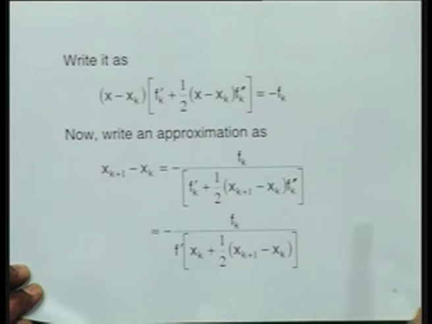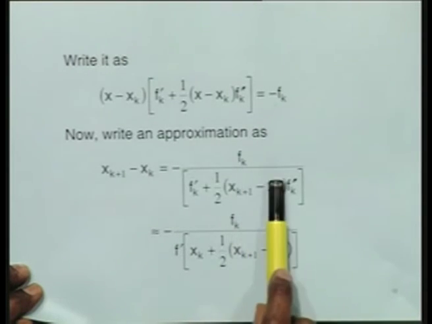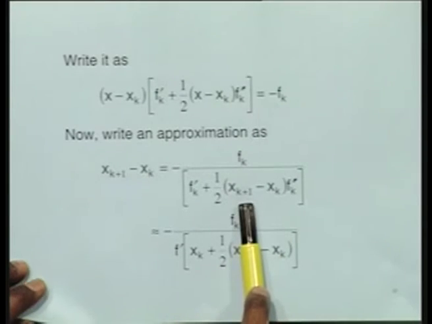Now, as we have done in the Chebyshev method, we had xk plus 1 minus xk on the right hand side. There we approximated it by the Newton-Raphson method, and the method retained the order of 3. Same thing we shall do: we approximate xk plus 1 minus xk by the Newton-Raphson method, that is minus fk divided by f prime of k.